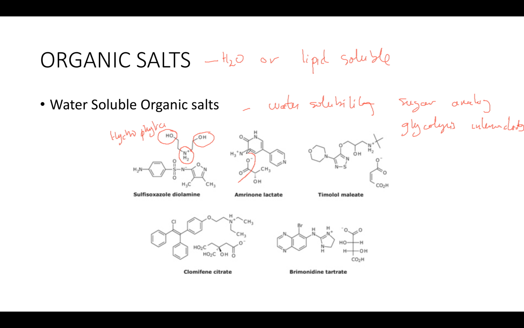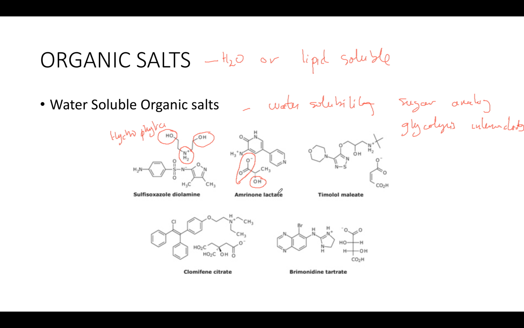Remember, we talked about glycolysis intermediates. So in the case of the lactate here, you have this group here and this group here that are going to be hydrophilic, and so on and so forth.